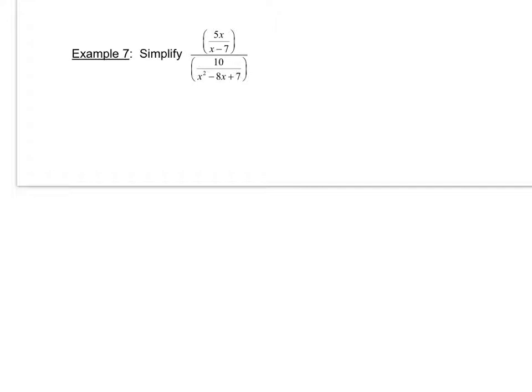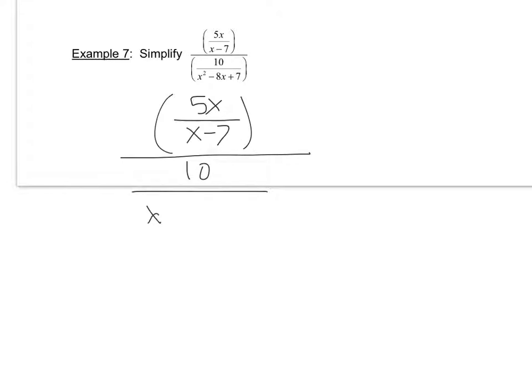So we check. Can we factor anything out of the top? No. How about the bottom? Yes, this one. So the top is still 5x over x minus 7. The bottom is 10 over, we'll multiply as a positive 7, adds to negative 8, negative 7, negative 1. Okay, so now we got to multiply by the reciprocal.